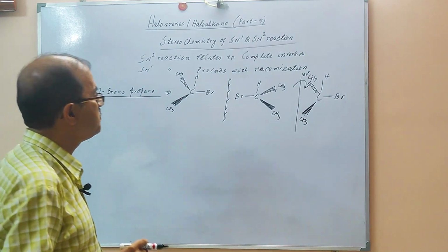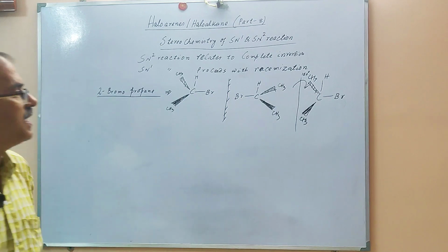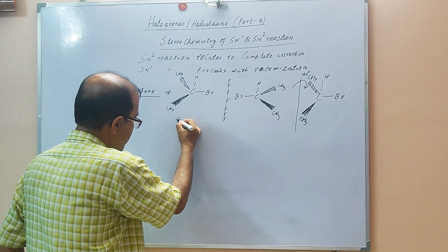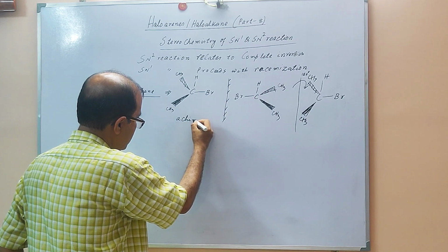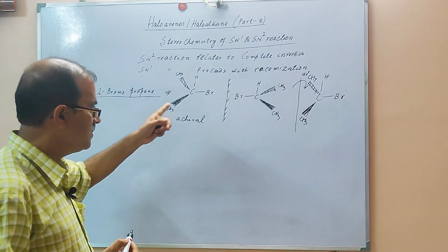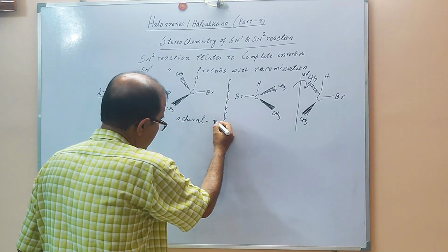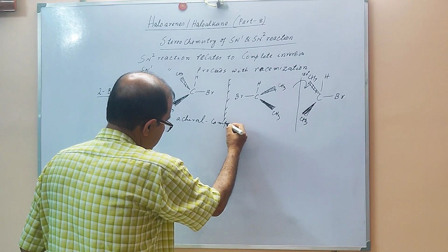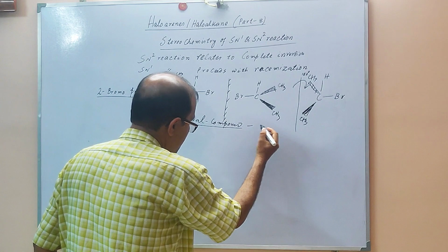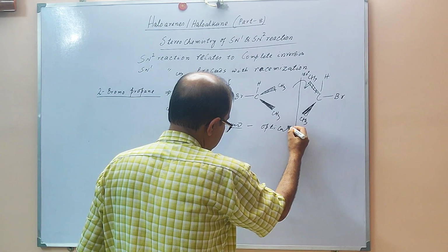That is why this compound will not show optical activity, and this compound is called an achiral compound. Achiral because the carbon atom is not asymmetric. This is called an achiral compound, and it does not show optical activity.